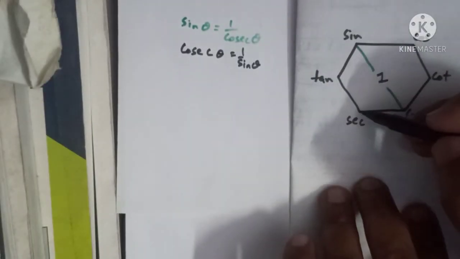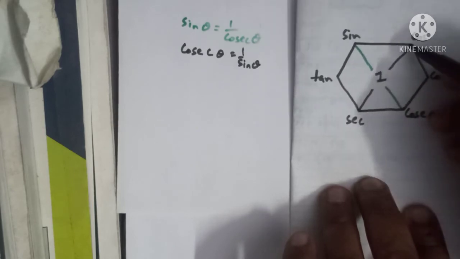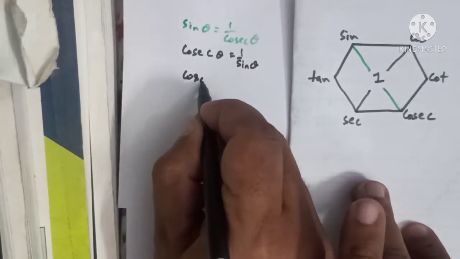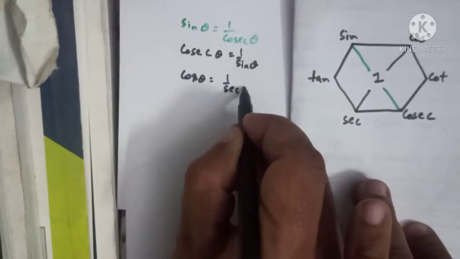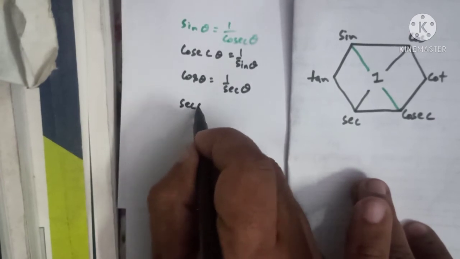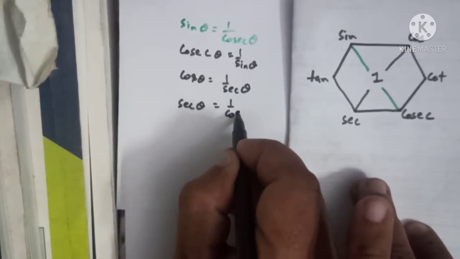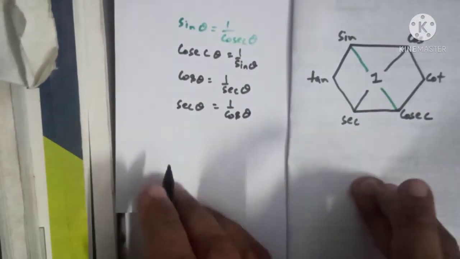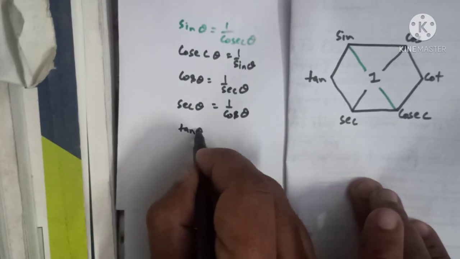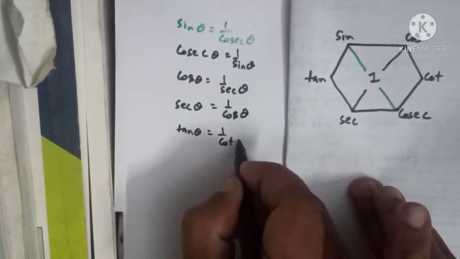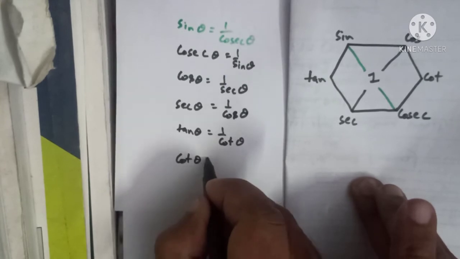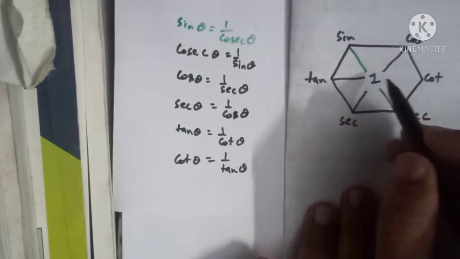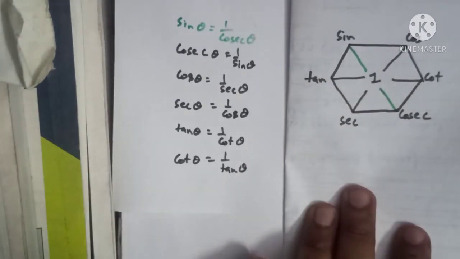Similarly, cos theta is equal to 1 upon sec theta, and sec theta is equal to 1 upon cos theta. And the third pair is tan and cot. So tan theta is equal to 1 upon cot theta, and cot theta is equal to 1 upon tan theta. These are the 6 different sets of properties.